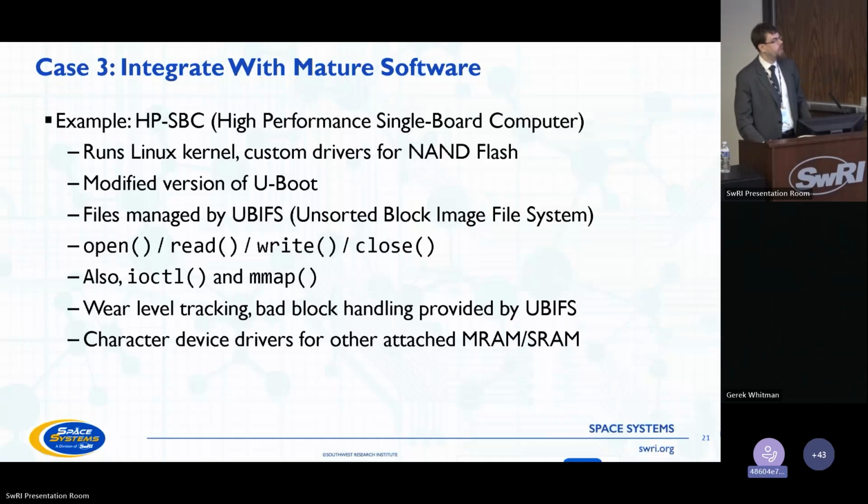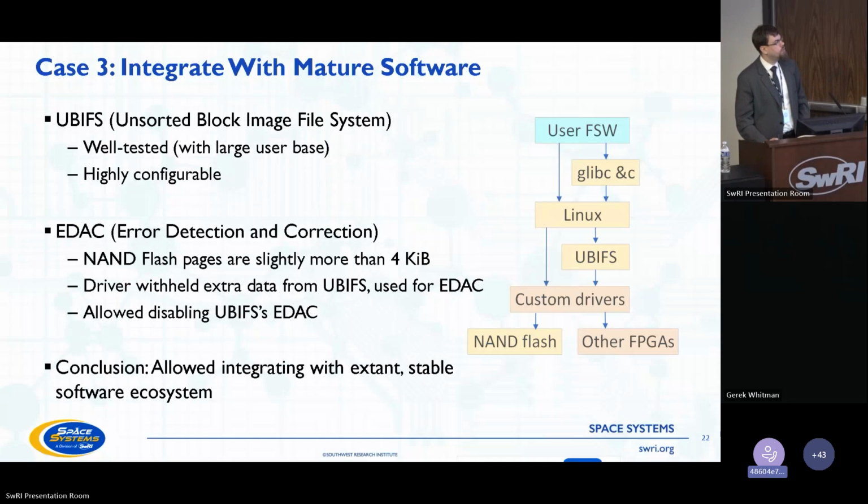We did not need to handle any of that in our device drivers. But UBIFS was extremely configurable. We did not use its native error detection and correction. Instead, we used the standard error detection and correction that we put on these NAND flash devices. So we were able to tweak UBIFS very easily to meet our needs for that.